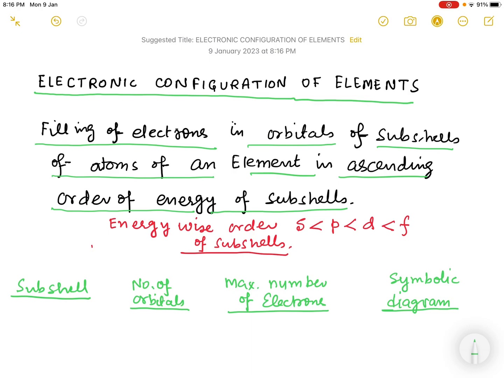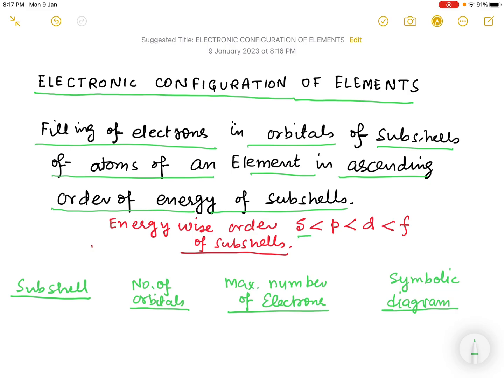Means the first electron goes to the orbital which has the least energy, and when it is filled, then it goes to the orbitals and subshells of higher energy. Then there are four subshells.